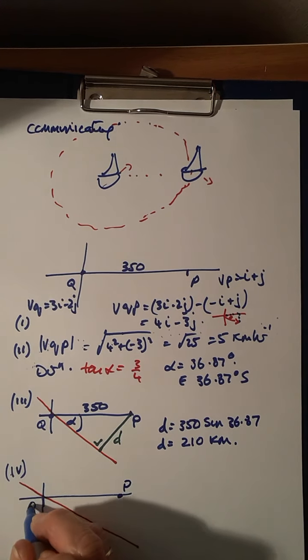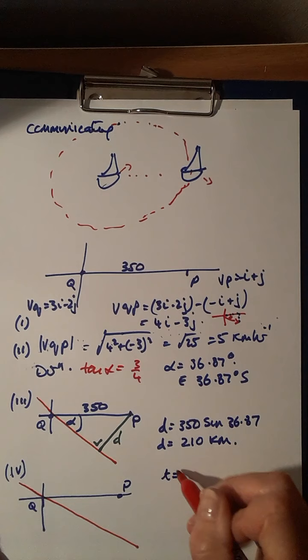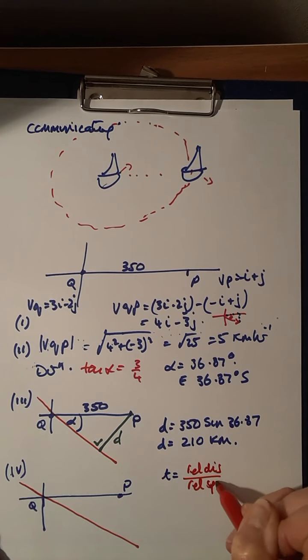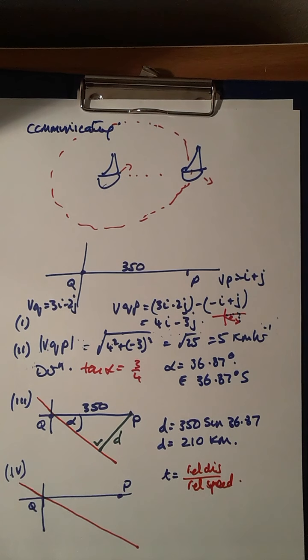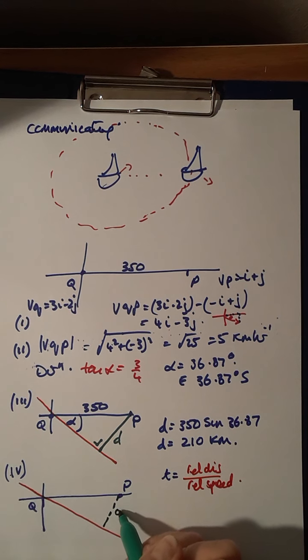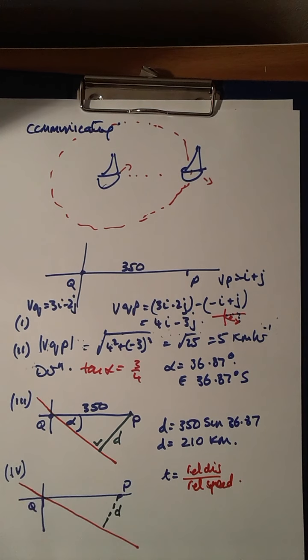Okay, so to find the length of time through which they can communicate, remember, time is going to be distance over speed. And in this case, it's all coming from the red line again. So it's relative distance over relative speed. This is my closest distance, D. They can communicate once they are within 290 kilometres of each other.